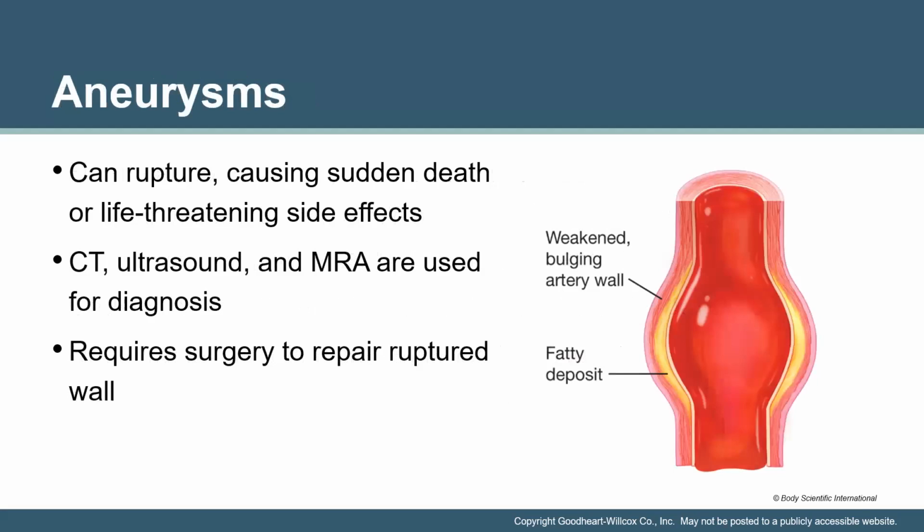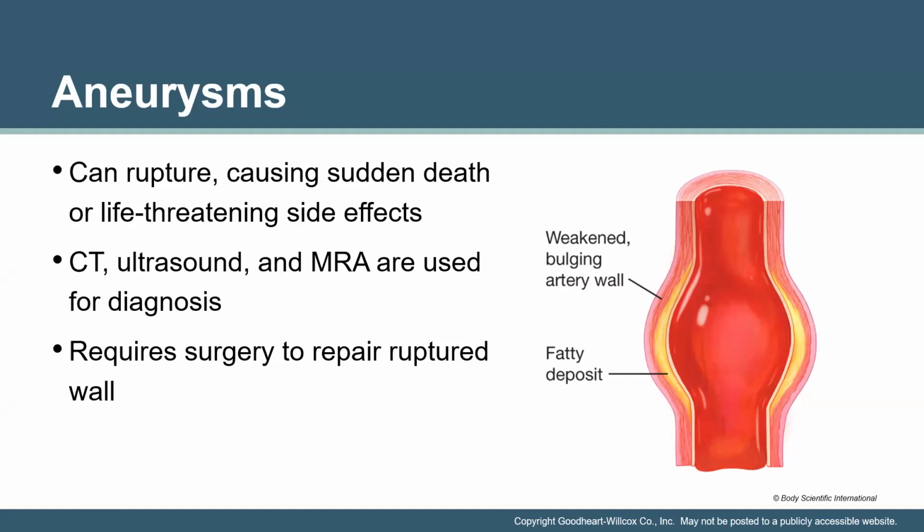When we talk about aneurysms, this is an abnormal ballooning of the blood vessel, usually an artery, due to the weakness of the wall of the vessel. Although the causes of an aneurysm are unclear, hypertension, high cholesterol, and smoking can contribute to its production.